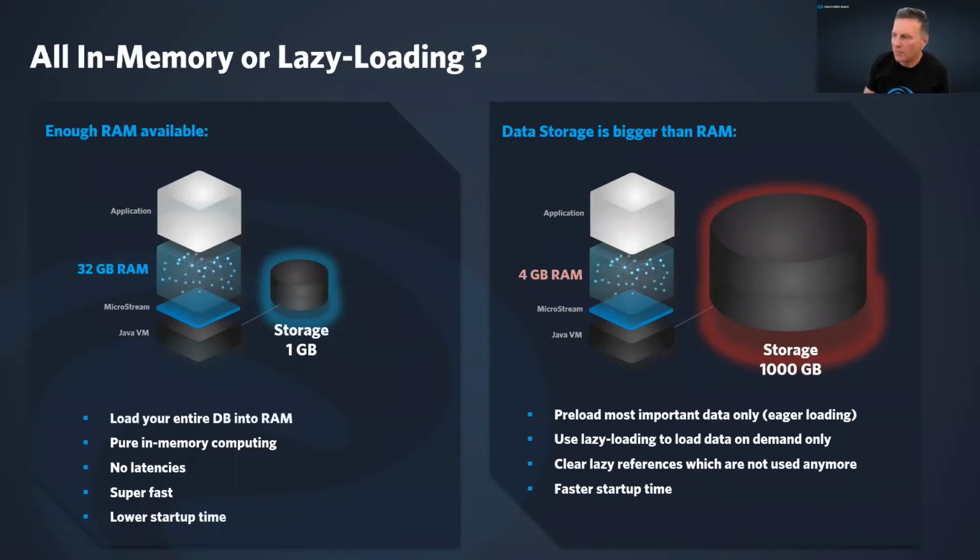But if you don't have enough memory, you're not in trouble with MicroStream, because we provide lazy loading. MicroStream initially loads only the object IDs of your object graph into memory. As soon as you call a get method, MicroStream loads the object reference into memory, and then you can query it in memory. Developers often ask, what if I have really huge collections, for instance?